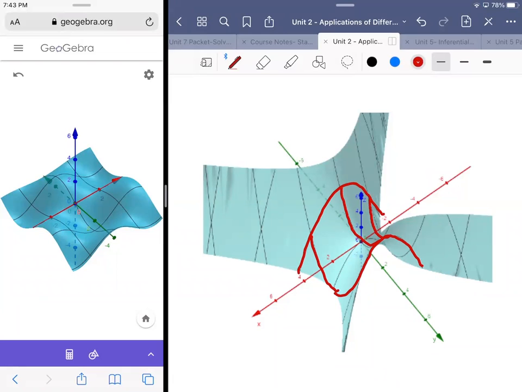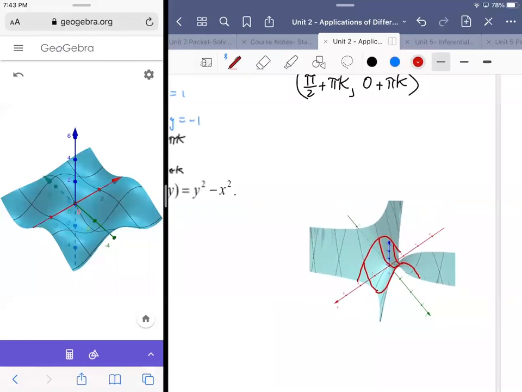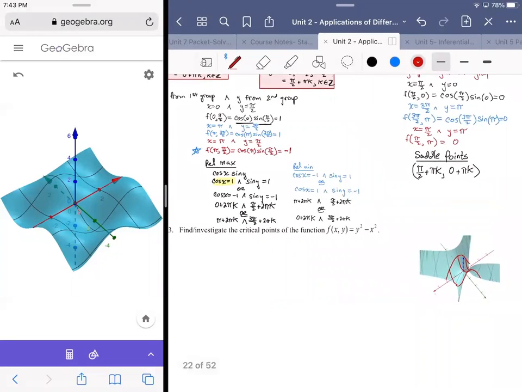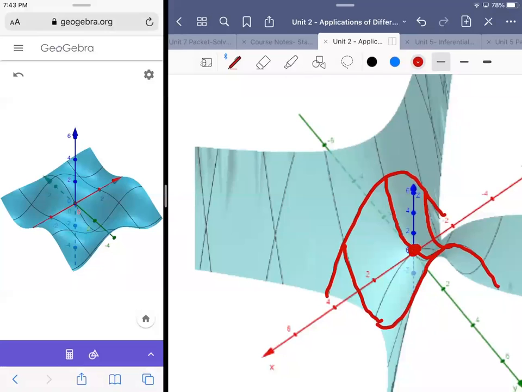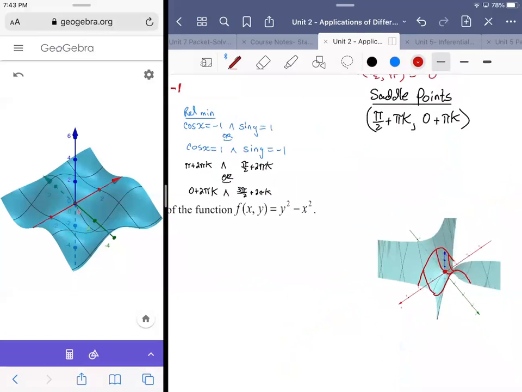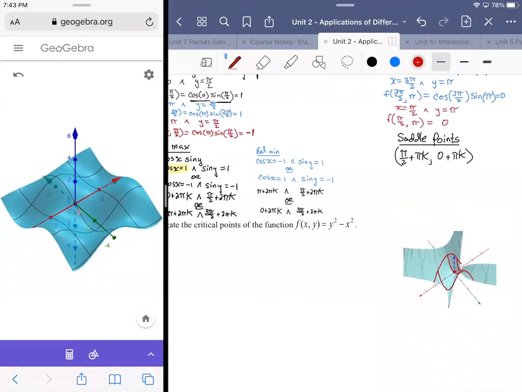It's like if you're saddling up a horse, this is the type of surface you might expect yourself to be sitting upon. So some saddle points actually look like they're part of the saddle, and that would be at this location. My money's on 0, 0, but you'll let me know.